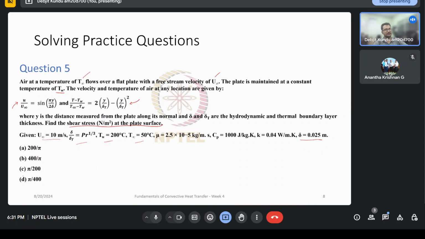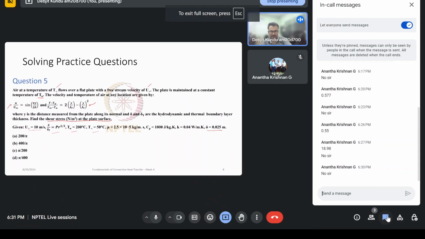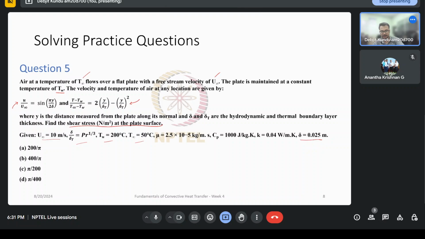Which one should it be? There are four options given below. One is 200 by pi, 400 by pi, pi by 200, or pi by 400. So try to solve this correctly, and once you have figured out the correct solution, you can unmute and answer, or you can type in the chat box.